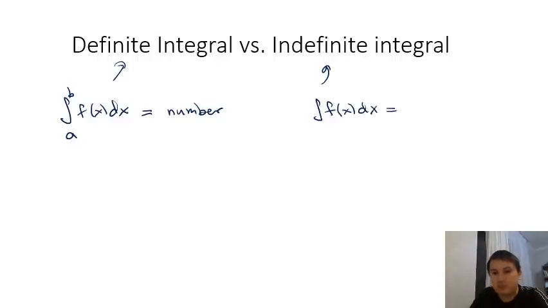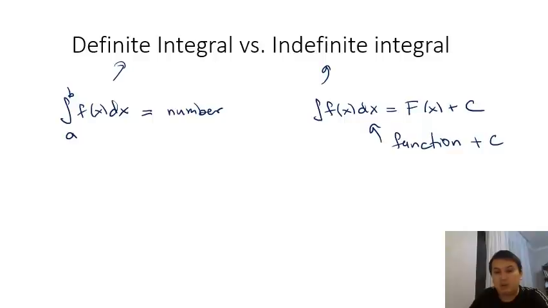So what is it? This is something like F of x plus c. So the result is not a number anymore. It's a set of functions, or you can say it's a function plus a constant, right? Antiderivative plus a constant. That's the difference.